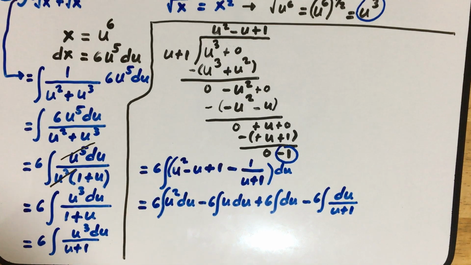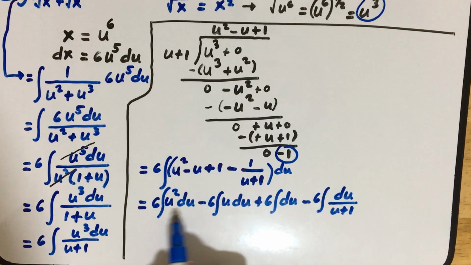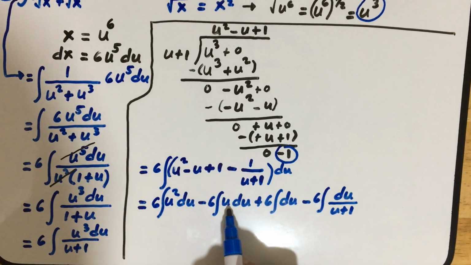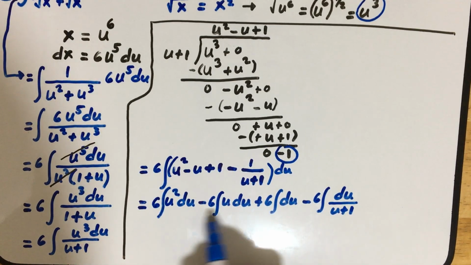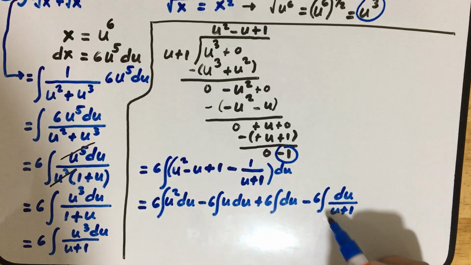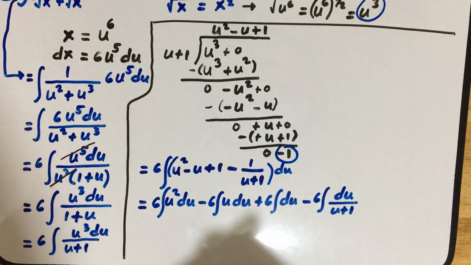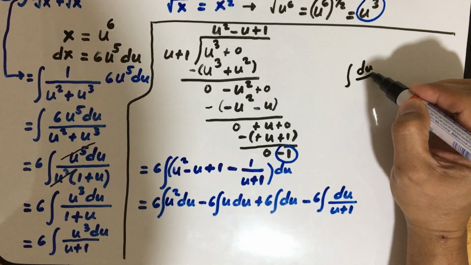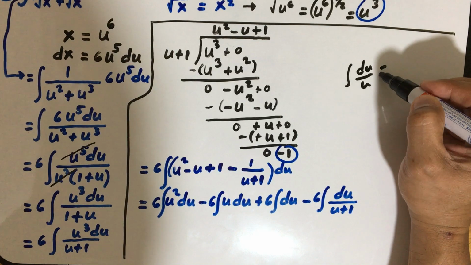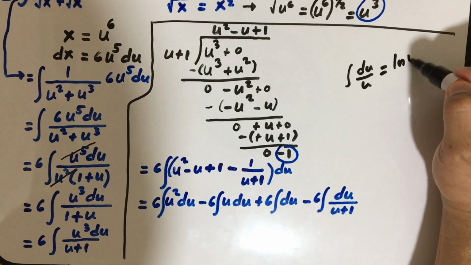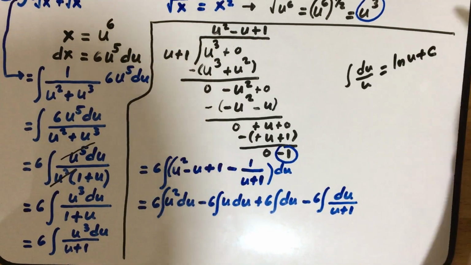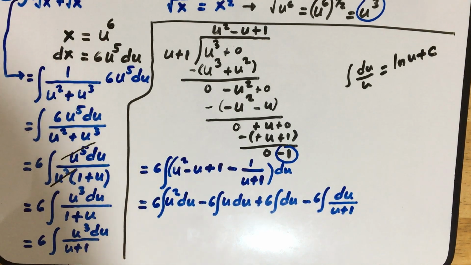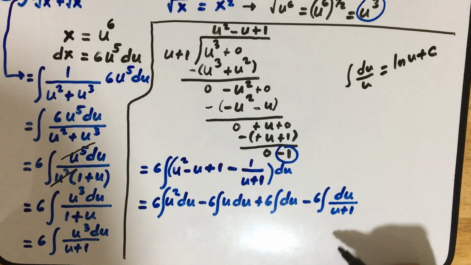Okay? So here, there's no problem. We can easily integrate this using the power rule, the power formula, and so with this one, using the basic formulas. For this one, we can use the integral of du over u, which is equal to ln u plus c. So this is in the form of du over u.